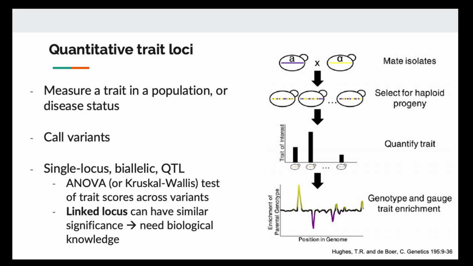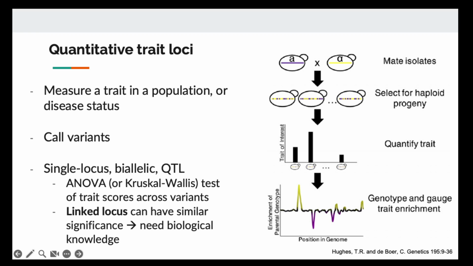In a classical genetic experiment, you will produce a lot of hybrids of these alleles, and then you will measure their phenotype. Maybe crop production in different fields or animal size, for example. So you have some trait that you measure for each individual.